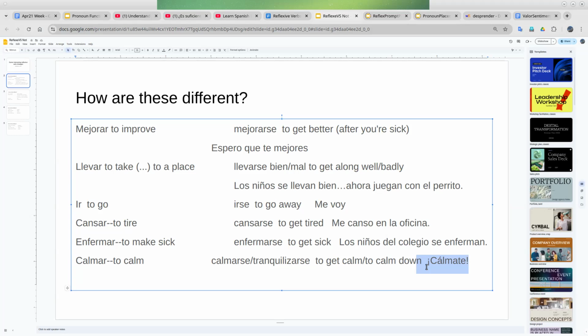Good. Sí, bien, right? And the formal versus the informal: cálmate you use with your family, your friends, people you call by their first name, right?